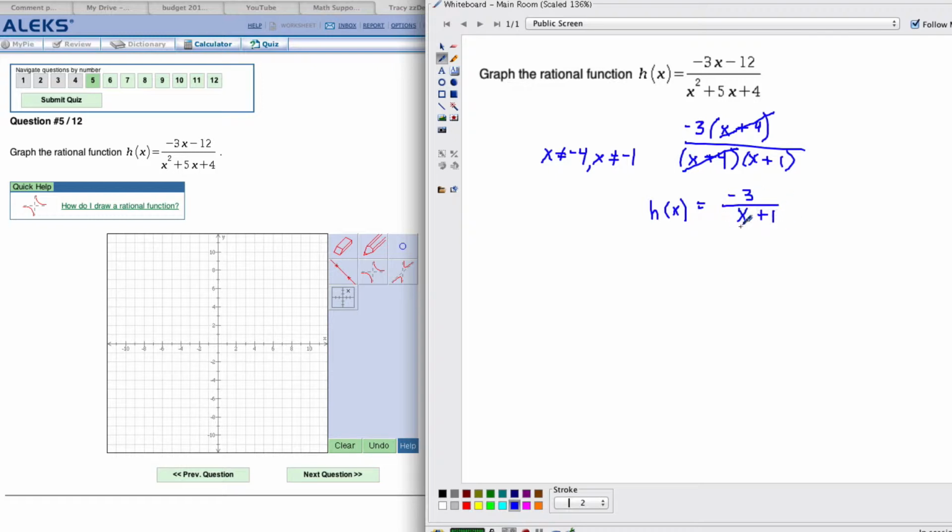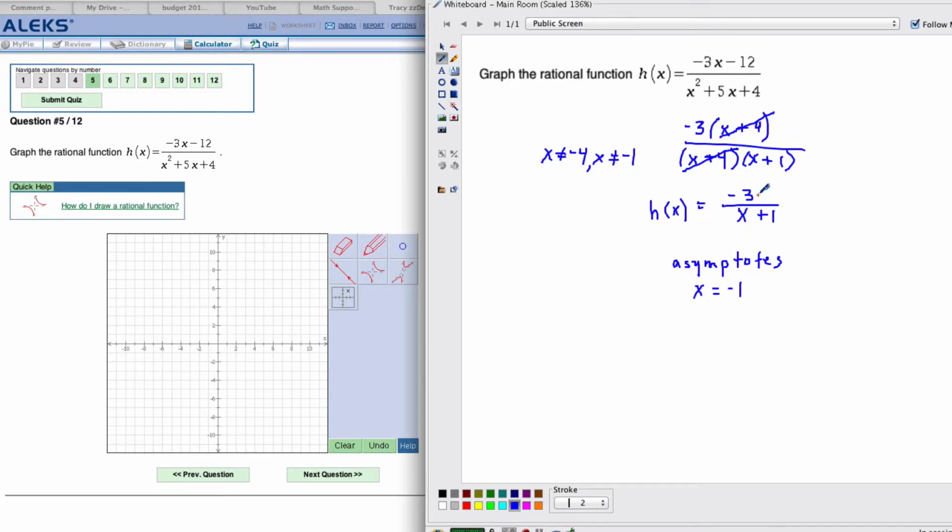Okay, so now we can see what we have in this simplified function. The value that would make the denominator 0 would be if x was negative 1. So x equals negative 1 is one of our asymptotes. You can also look at the degree of the numerator, which in this case is 0 because there's no x value, and the degree of the denominator, which is 1 since this is x to the first power.